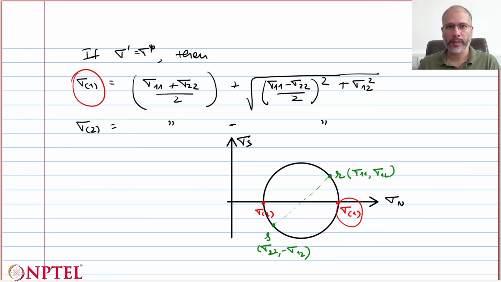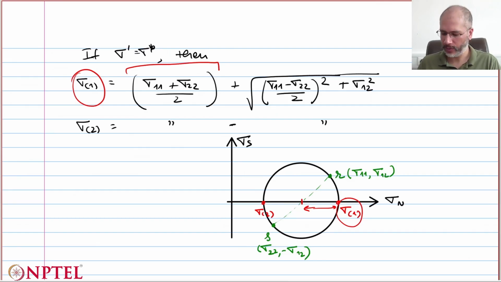So if I was to think geometrically, then sigma 1 is the coordinate of the center plus this distance. And if you look at the expression for sigma 1, this is the coordinate of the center, or the sigma n coordinate of the center. This is sigma 11 plus sigma 22 by 2.